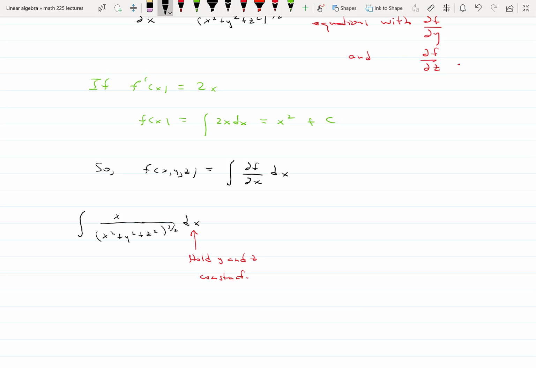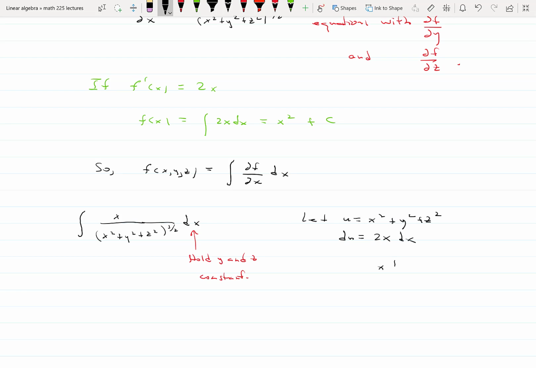Let u equal x squared plus the constant y squared plus the constant z squared. Then du equals the derivative of x squared, which is 2x. Since we're holding y and z constant, the derivative of y squared and z squared is 0. So du equals 2x dx.